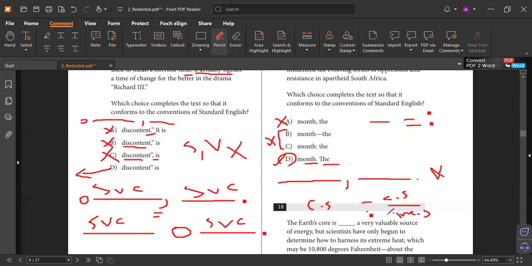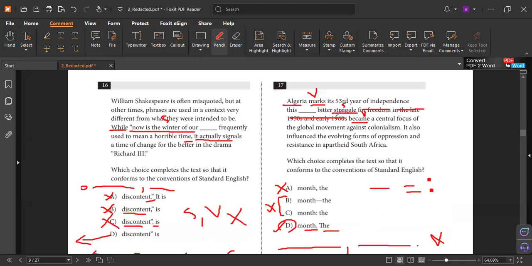But the information after the single dash or colon must be an explanation. But the second sentence is not an explanation of the previous one. It's a continuation. The writer continues the ideas. So this is not an explanation of something mentioned before. That means the single dash and the colon are wrong. That means the hack works. So B and C are wrong. That's why we always follow the rules.